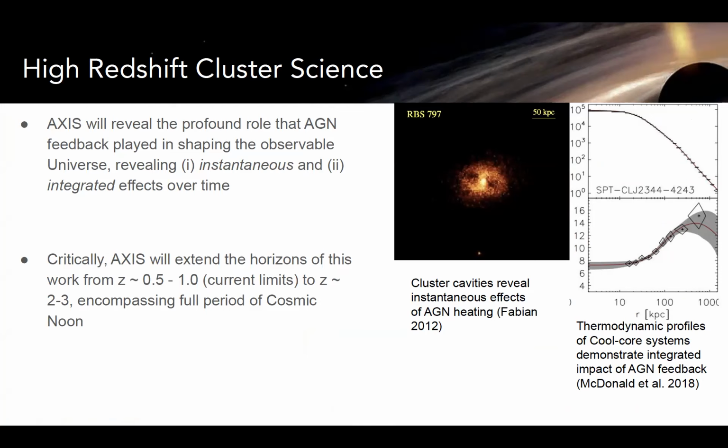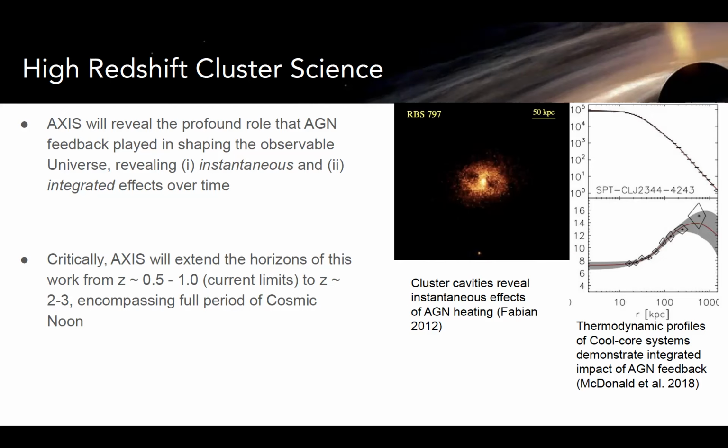And additionally, seeing how AGN feedback contributes to the integrated history of feedback and evolution of a cluster up to the redshift at which we are observing them. And so we can see this in how AGN feedback affects the thermodynamic profiles and the chemical history of clusters.